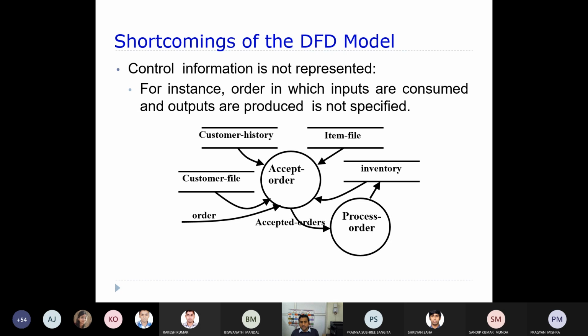Is it mentioned? No, it is not mentioned. The control information is not represented. I mean, which input data should be given first, which last, there is no order of inputting mentioned here. The only thing is that this is the processing function, and these are the different input data. That means the control information is not represented.